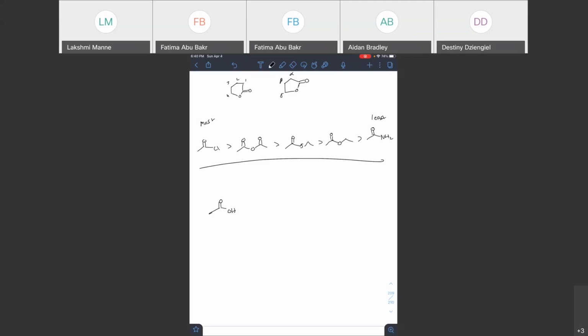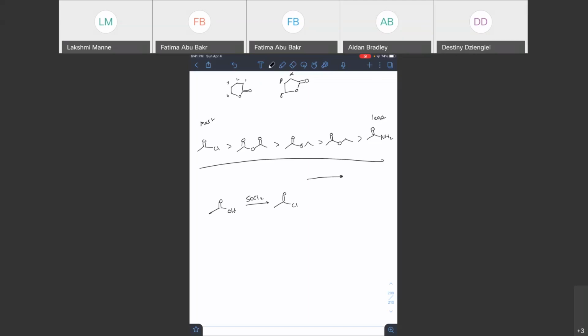With the carboxylic acid, first we can use SOCl2. This is something that's not new to you guys, we've learned this before. All that gives us is the acyl chloride. And actually acyl chloride is the main derivative of a carboxylic acid. It's only from the acyl chloride that we can get all of our other things.